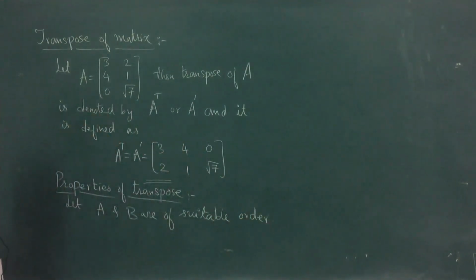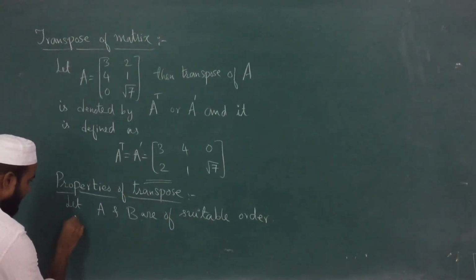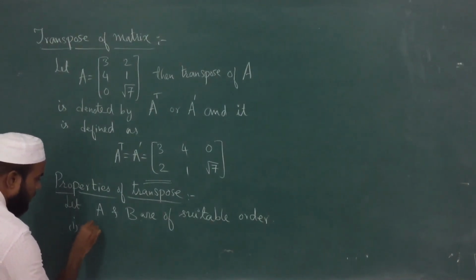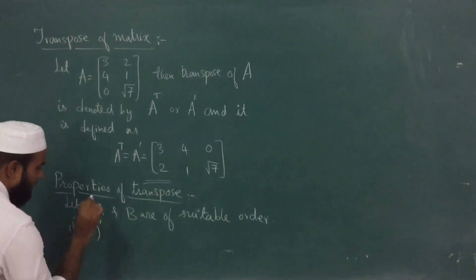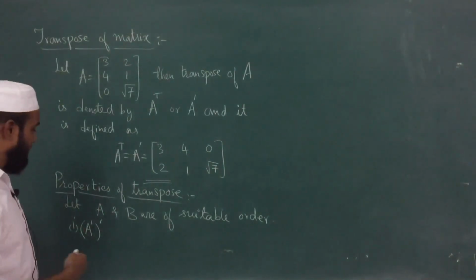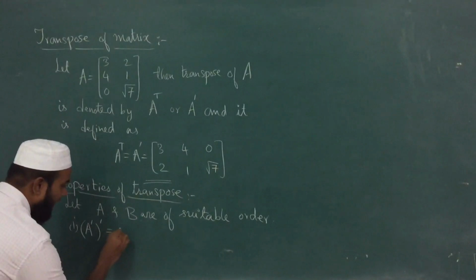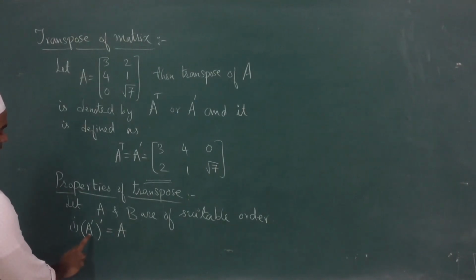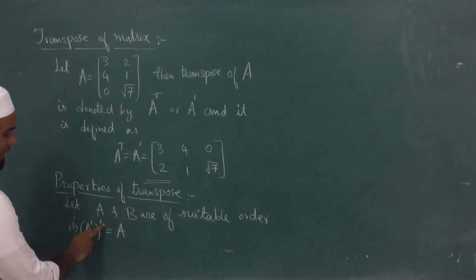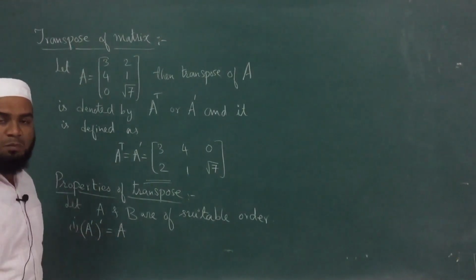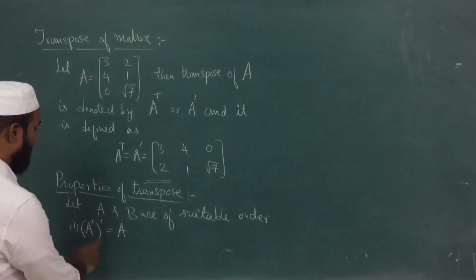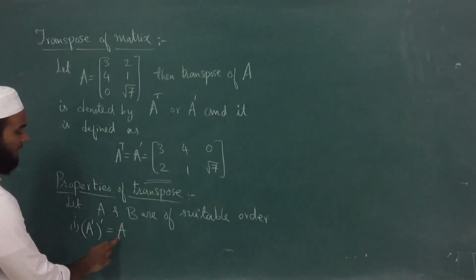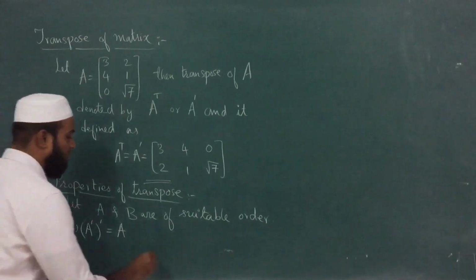Then we have four different properties. The first property is, if I find A transpose and then its whole transpose, again I am going to get the same matrix A. If I find the transpose of the transposed matrix, I get the same matrix A again. This is the first property.